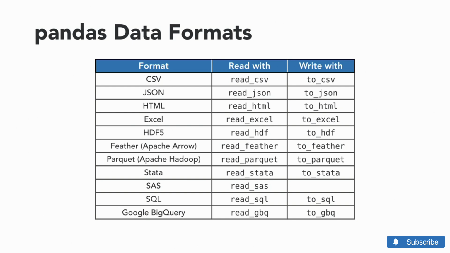In this table, I show you the formats with the Pandas functions that read and write them. Some of them may require the assistance of another package that you need to install separately.